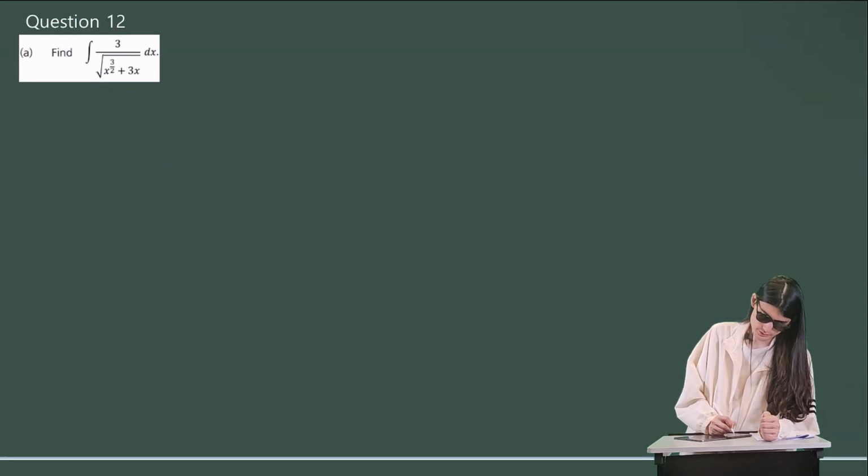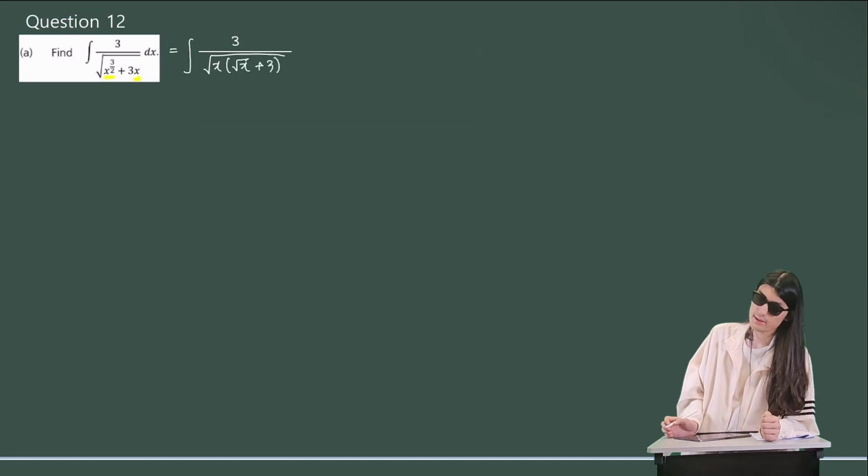Integrating. Right. This you have to recognize that when you factor the x out from the denominator, like this, because x to the power of 3 on 2 is x times square root of x.